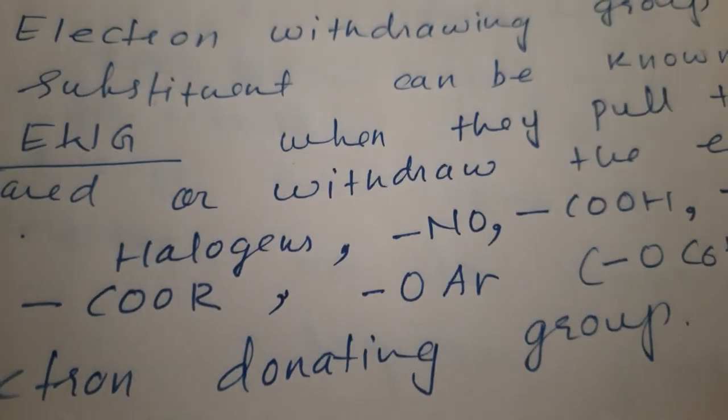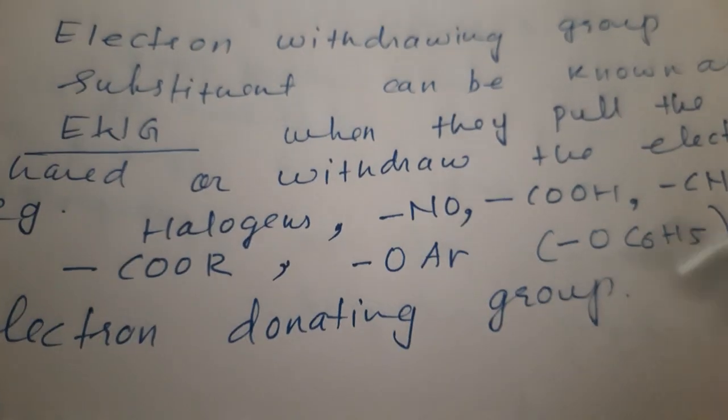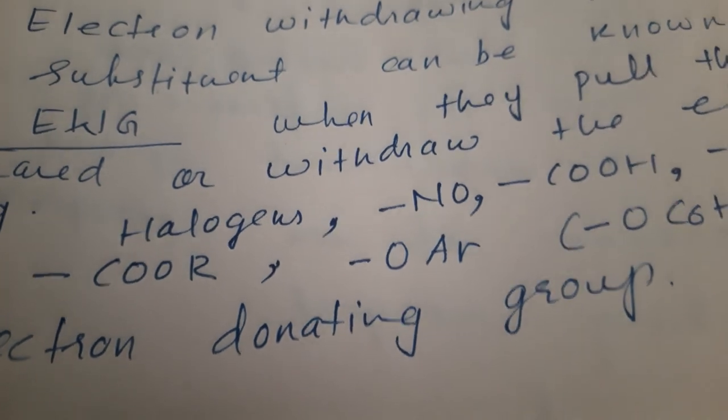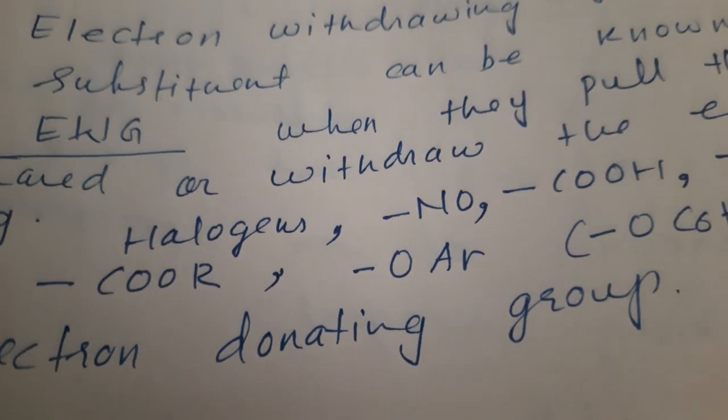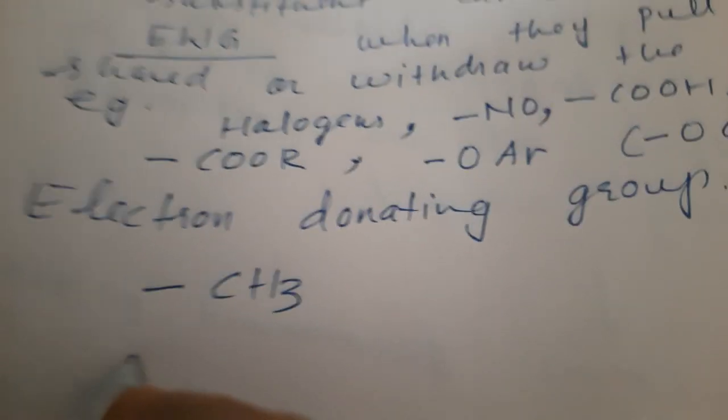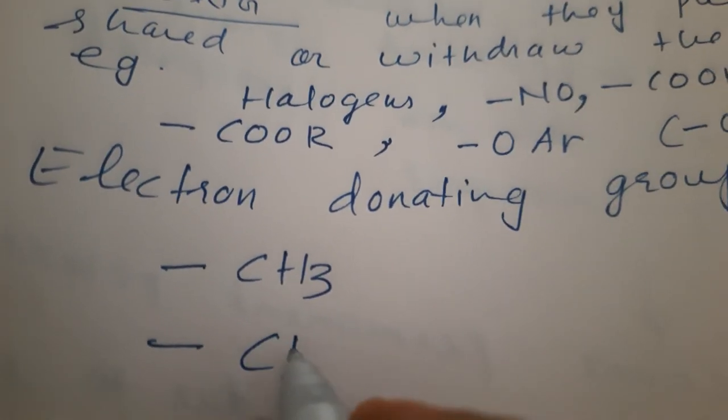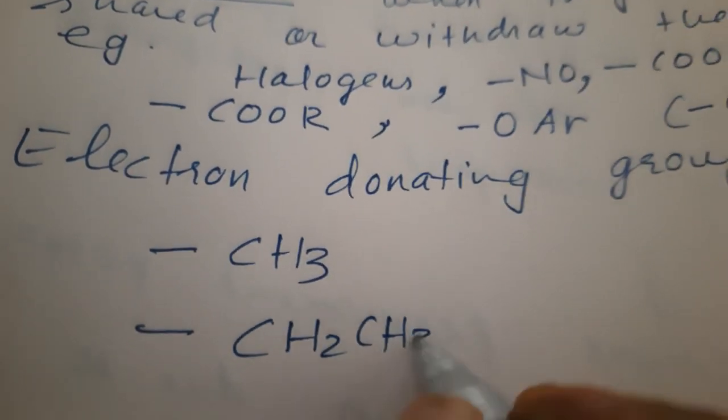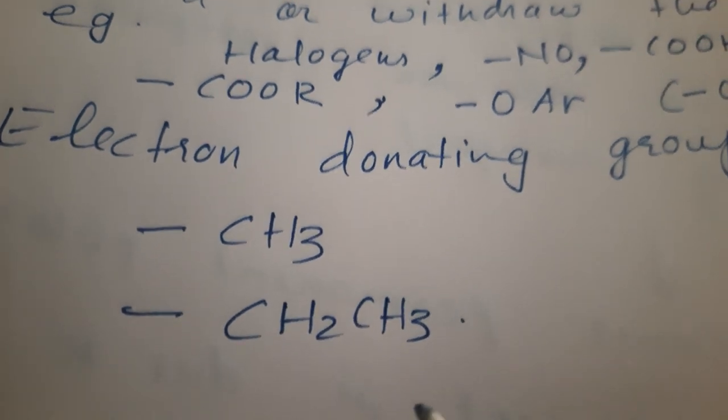These are examples of electron withdrawing groups. And electron donating groups are the methyl group and the ethyl group.